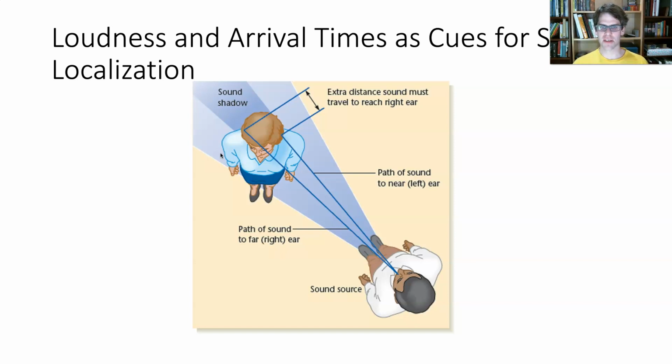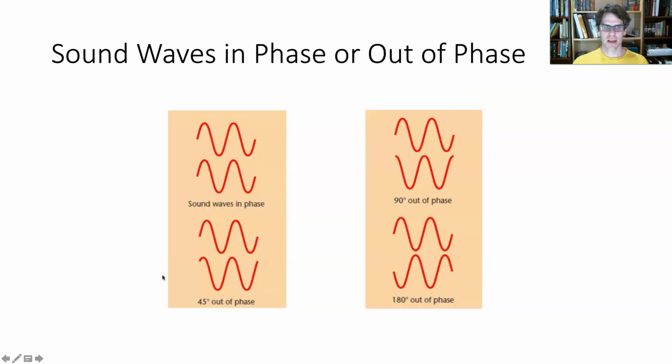So sound is slow enough, even though it's still quite fast, that your brain, with these super fast circuits and action potentials, can tell the difference between when the sound hits your right ear versus your left ear. And it uses that to tell that whichever ear it goes to first is the direction more of the sound is coming from.